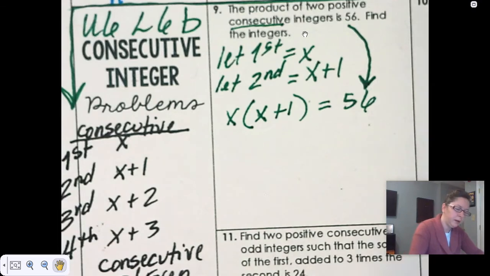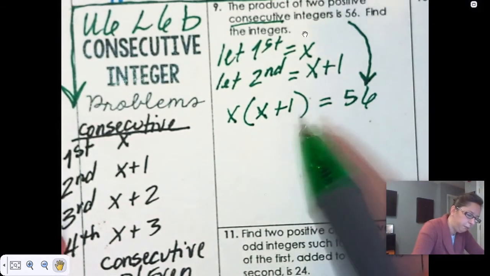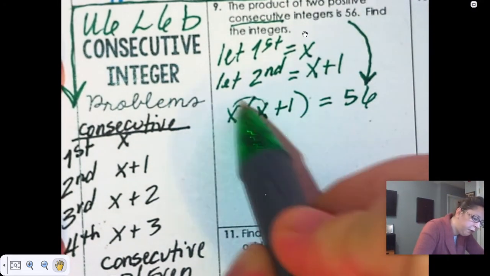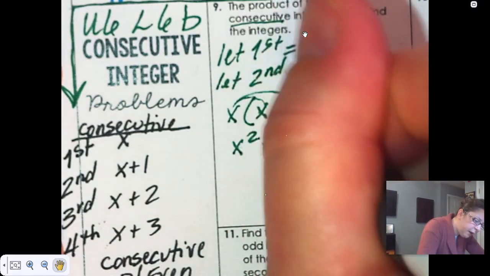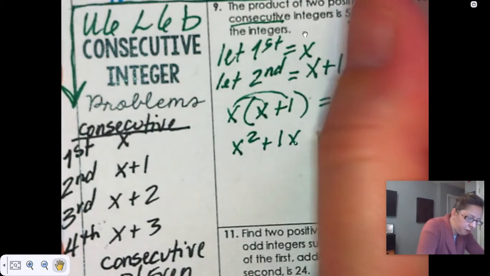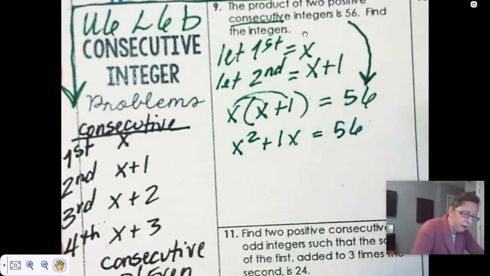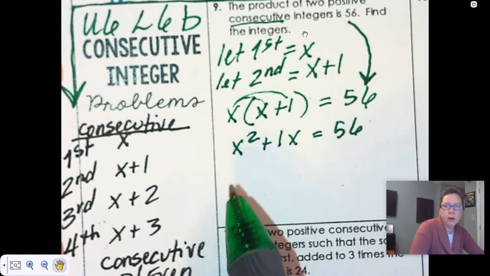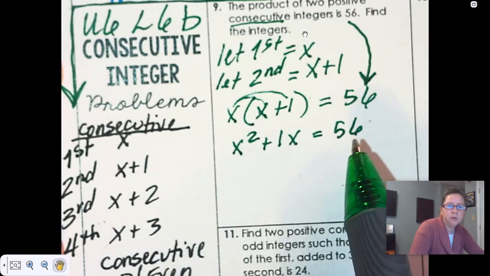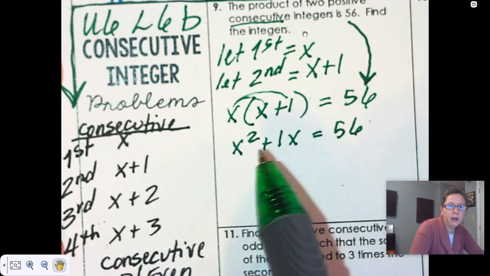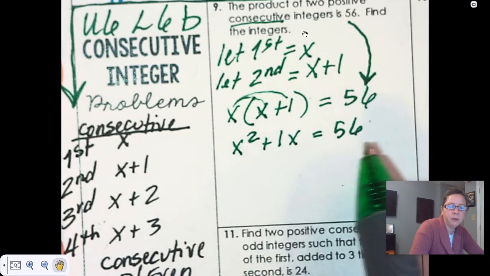So let's go ahead and simplify our equation by distributing first. X squared plus 1x equals 56. Now, as soon as I see an x squared, I need to be certain that I solve it equal to 0. In order to solve a quadratic function, it has to be equal to 0.